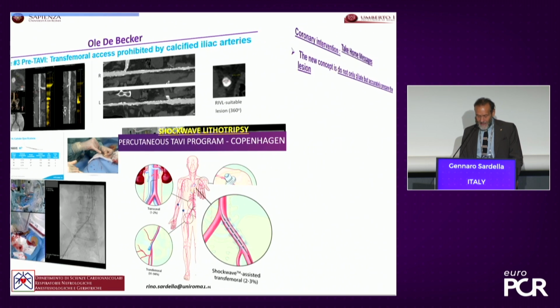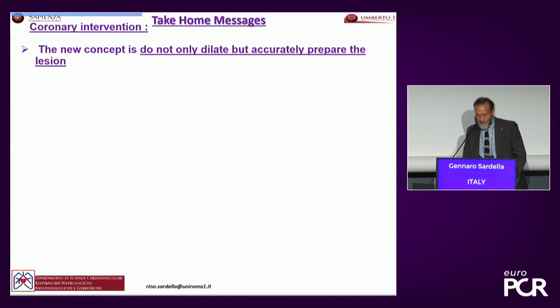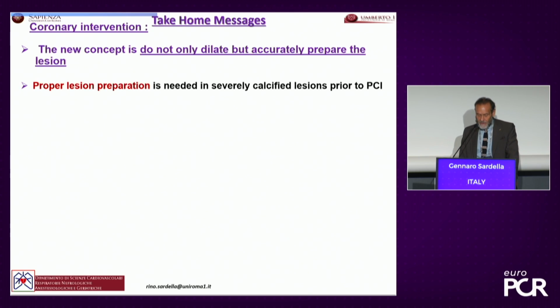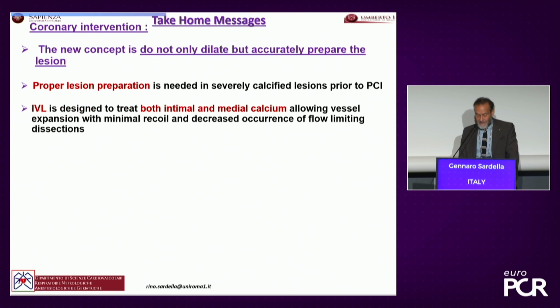Finally, for coronary intervention, I think we have changed our mind with the new concept: do not only dilate, but accurately prepare the lesion, because proper lesion preparation is strongly needed in severely calcified lesions prior to PCI.